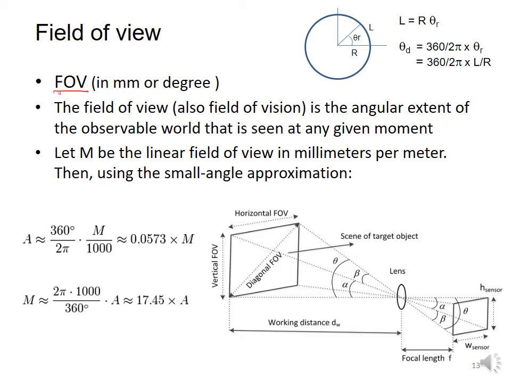A field of view can be expressed in millimeters or degrees. This is a length, and this is an angle. Length has its own unit, but the angle does not have a dimension. It's just degrees or radians.